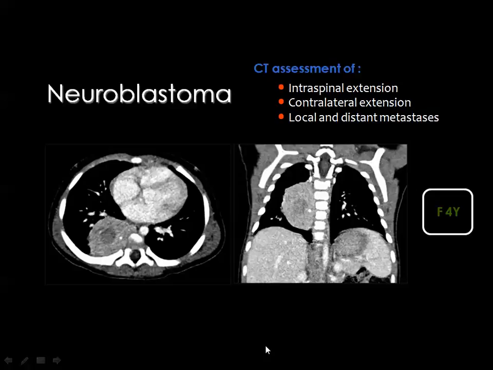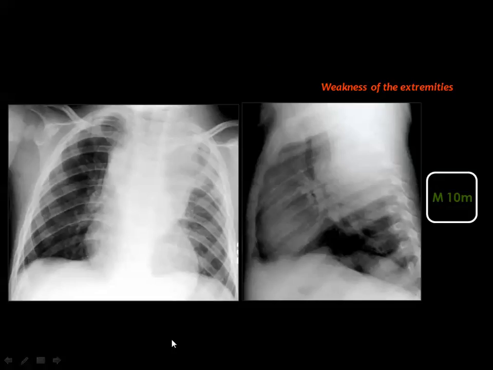But I just mentioned that age is not a differentiating point between these tumors, and we usually go by needle biopsies to confirm the diagnosis.